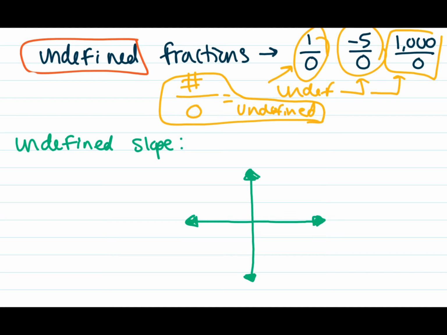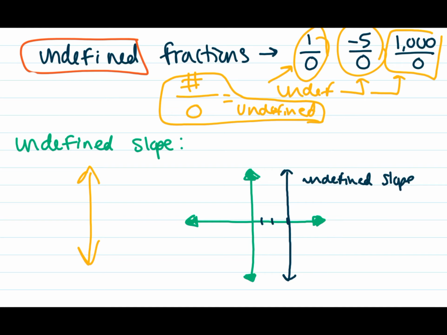So backtracking again, what does an undefined slope look like? It is a perfectly vertical line, so you maybe can start to guess why I'm bringing this up. Vertical lines, right? So if I was to graph this line on my coordinate plane, it is an undefined slope.